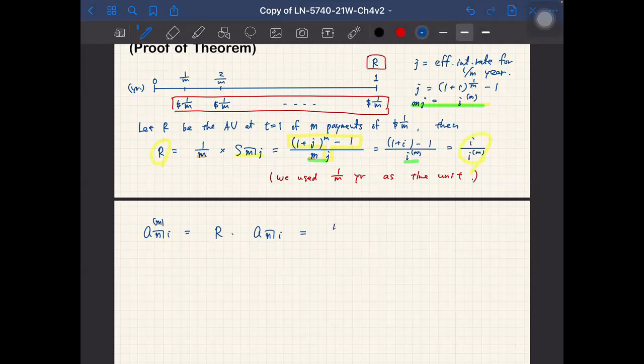So that means i over i superscript m times a angle n at i. So we have already got the proof. Or if we cancel this i by writing down the formula for a angle n, this becomes 1 minus v to the n over i superscript m. So this is the end of the proof.